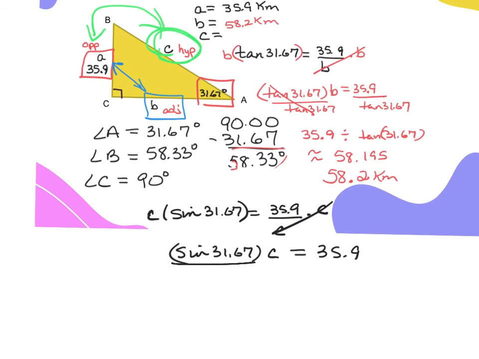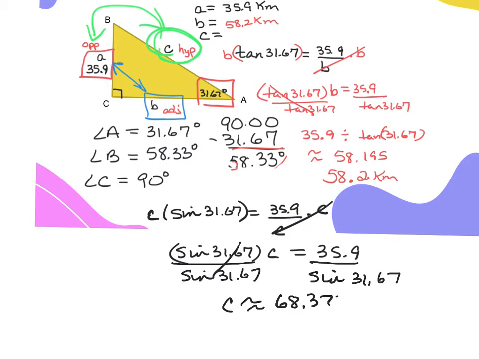And now I divide. 35.9 divided by sine of 31.67, which gives me approximately 68.377, rounded to the tenths place, 68.4.